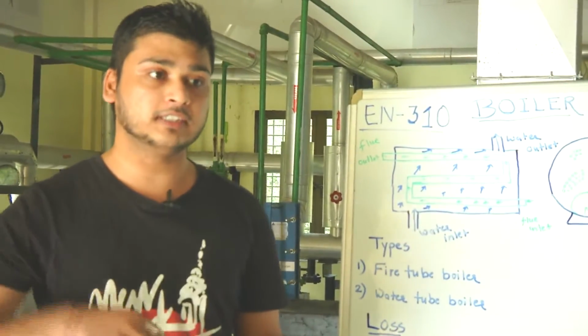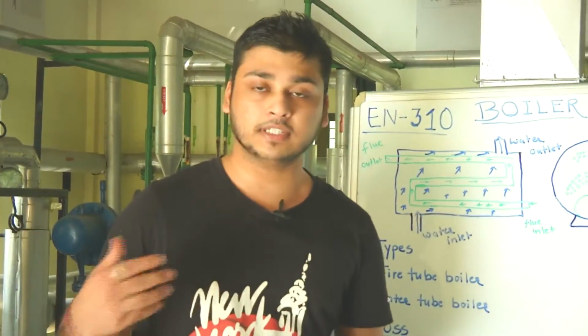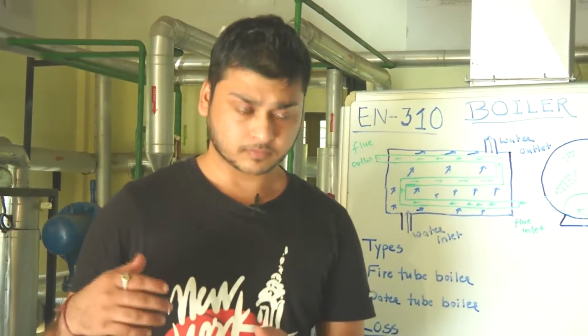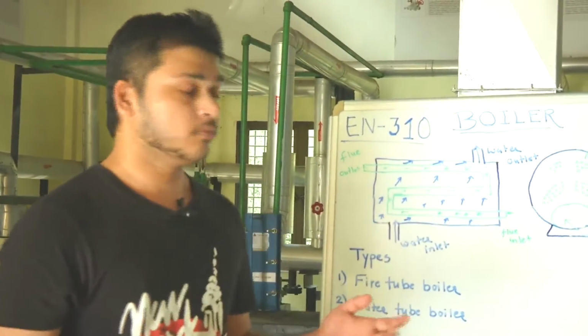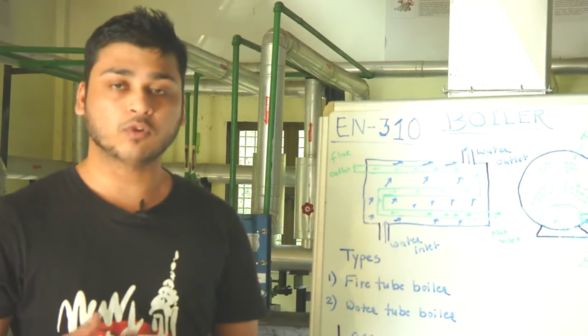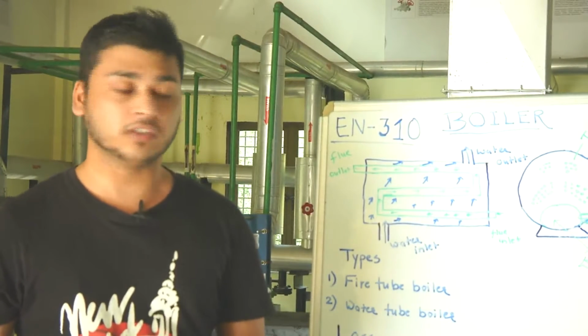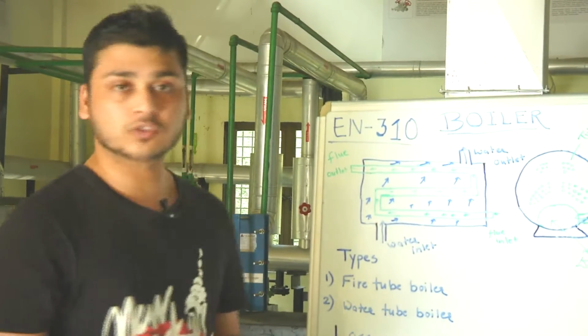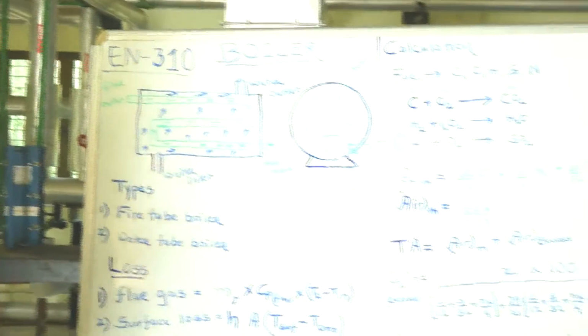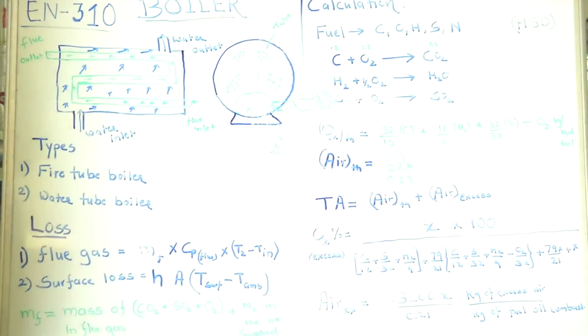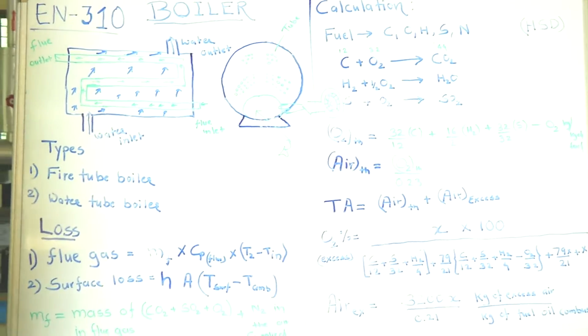If industry has a very high capacity application, we need a higher volume of steam and pressure. In that case we can use the water tube boiler. Our experiment is a fire tube boiler of 750 liter capacity and 10 bar pressure.